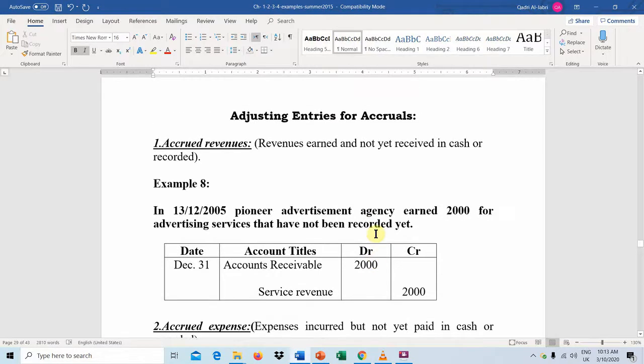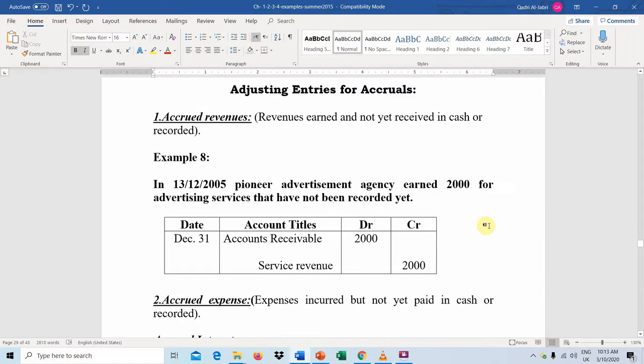Now the second type of adjusting entries is called accruals, and it's divided into accrued revenues and accrued expenses. Let's check the accrued revenues. Accrued revenues happen whenever we provide services to the customers, but we did not record the revenue related to these services yet.